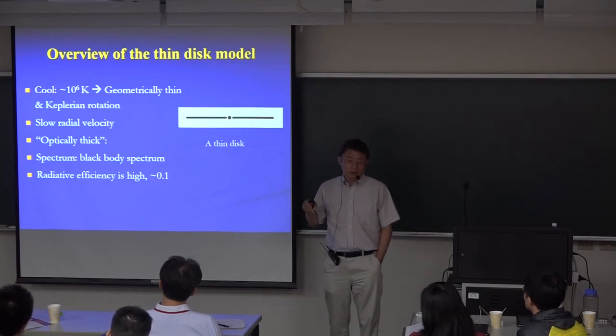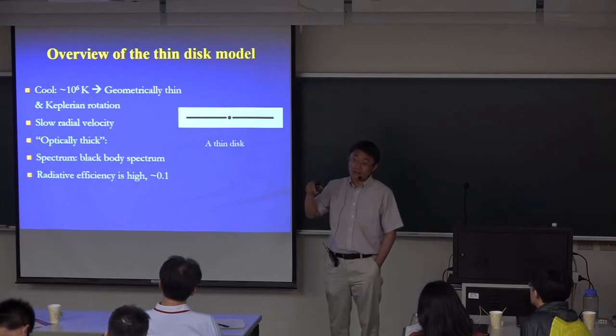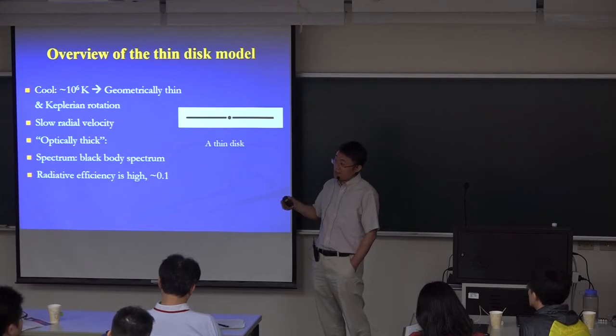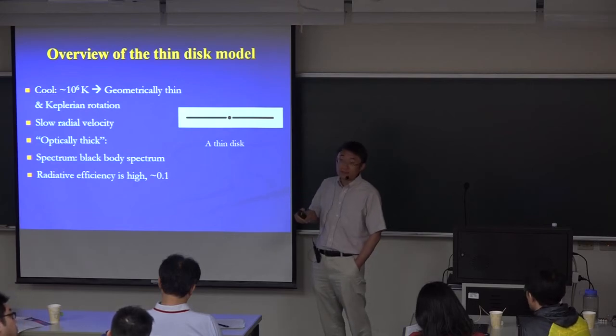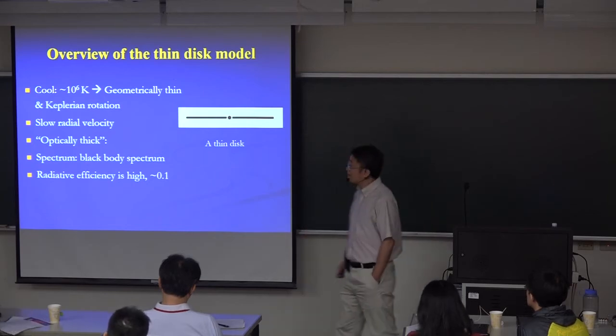The reason is that when the black hole is rapidly spinning, the innermost radius of the accretion disk will become closer to the black hole horizon. So you can imagine in that case, more gravitational energy will be released by the accretion disk. This is why efficiency will become higher, and vice versa.